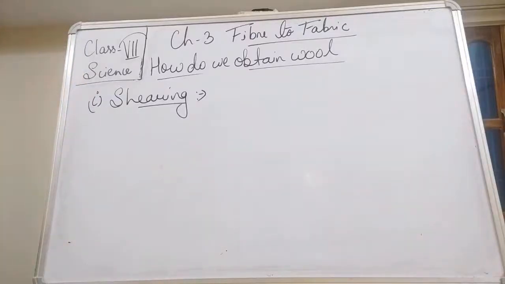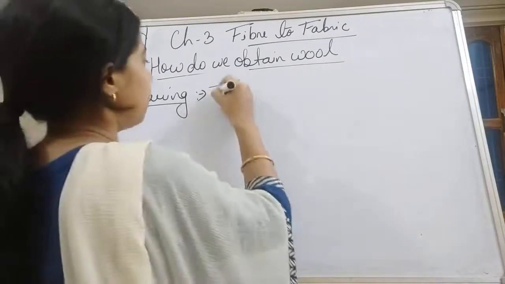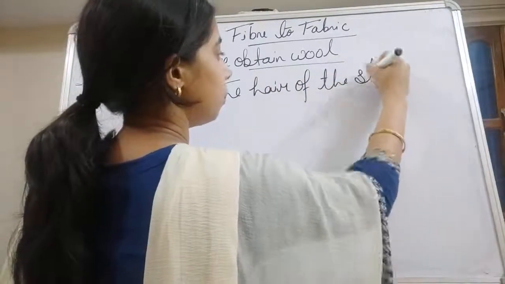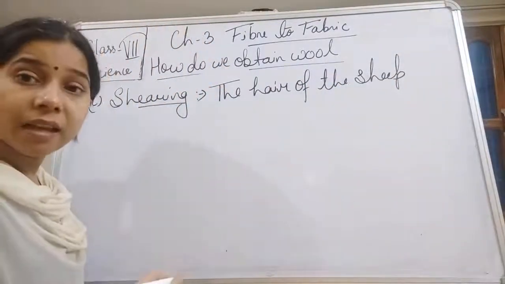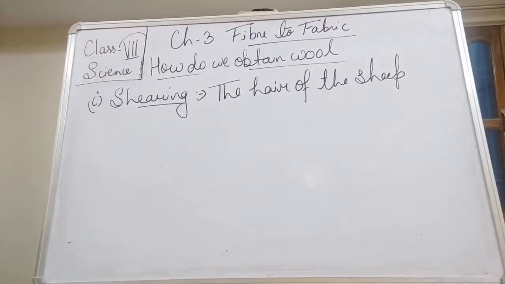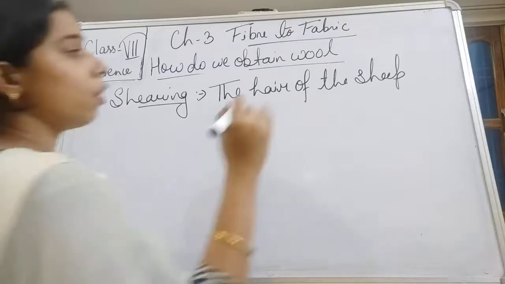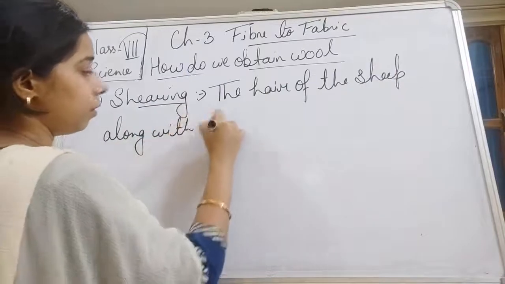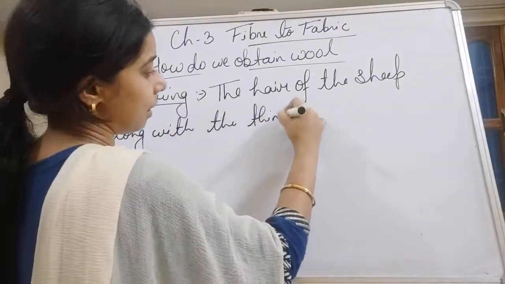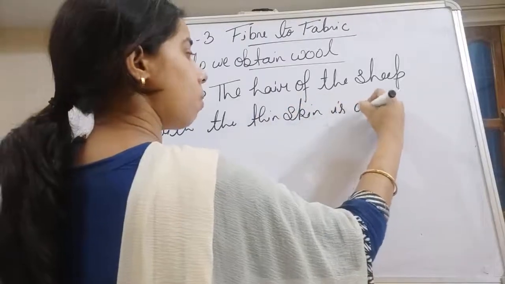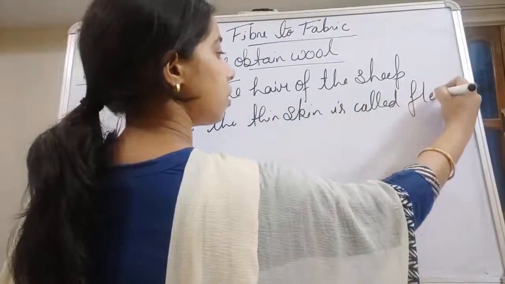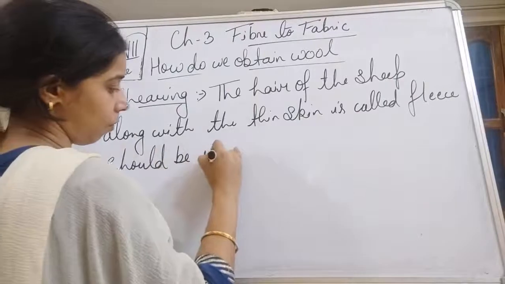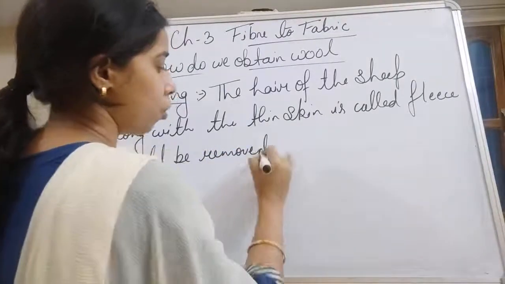Let me write it here: the hair of the sheep has a very thin layer of skin, which is called fleece, and it should be removed.